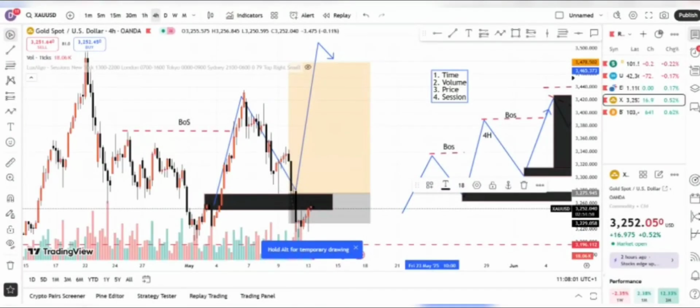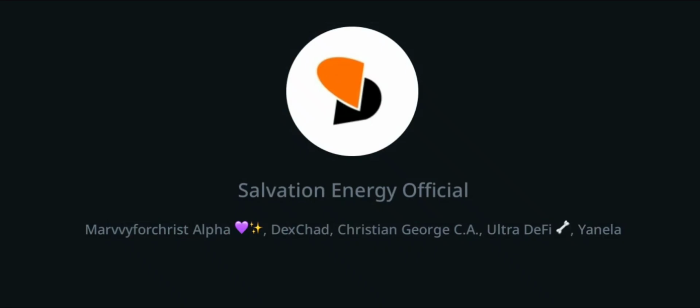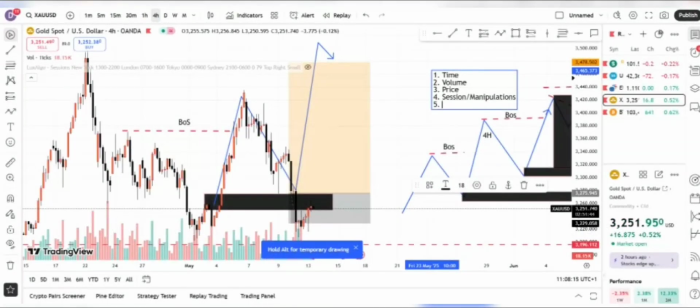I want to see price sessions, everything, but when I mean sessions, I'm just looking for manipulations. I love to see manipulations. And then setup. I have my setup. So simple. You understand? Simple.